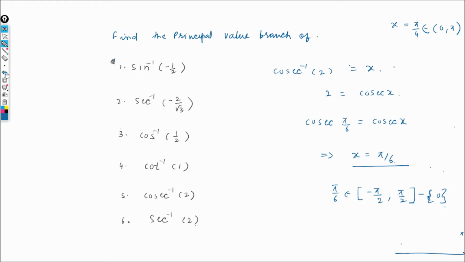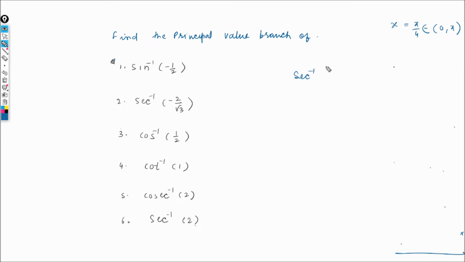Let us take sec inverse of 2 is equal to x. So 2 is equal to sec x. So 2 can be written as sec of pi by 3 is equal to sec x.